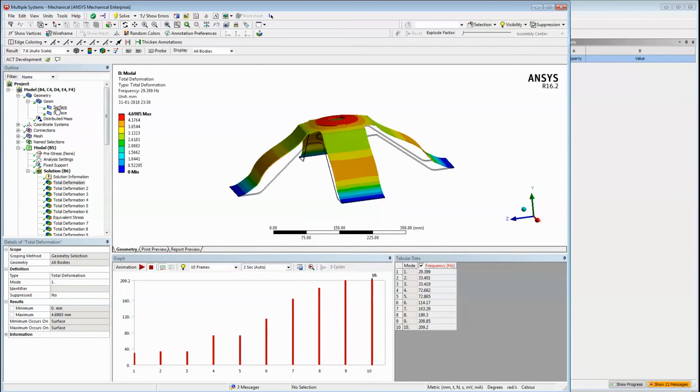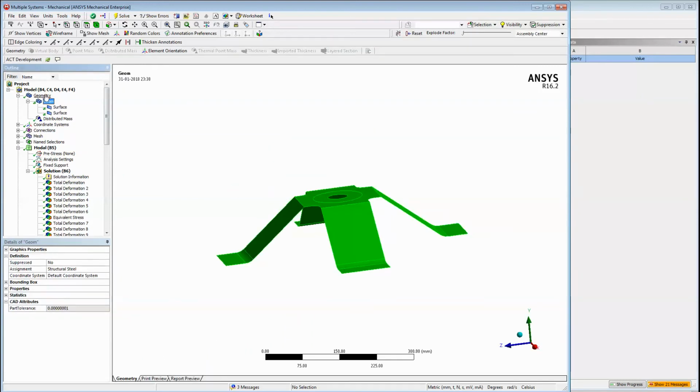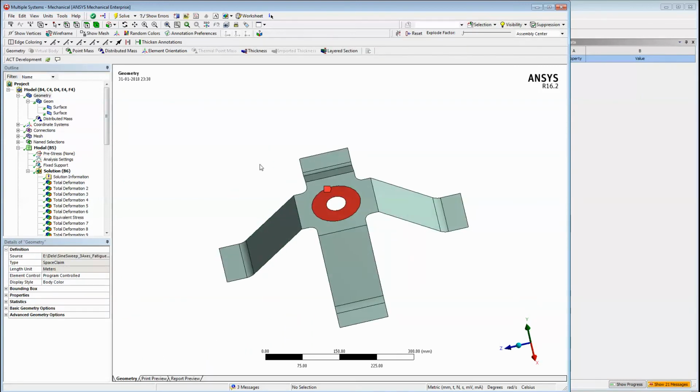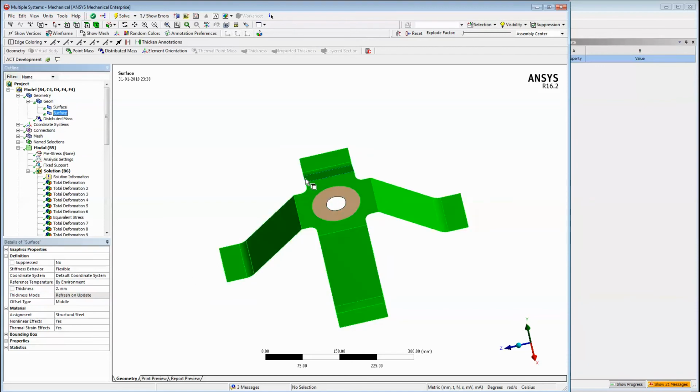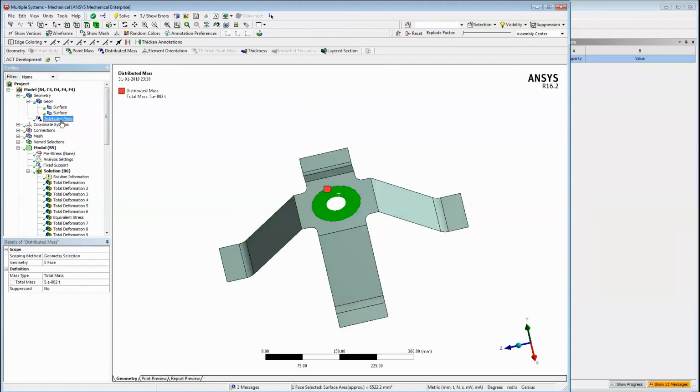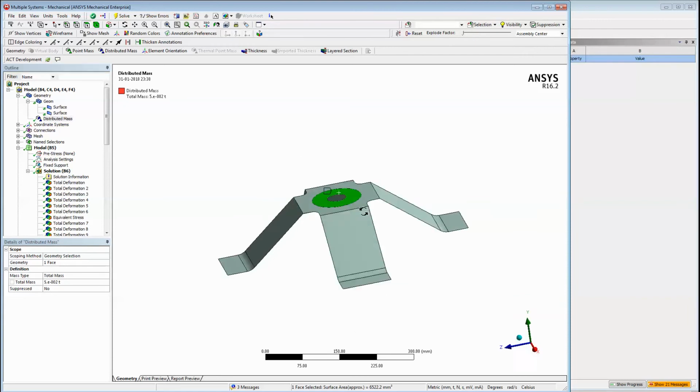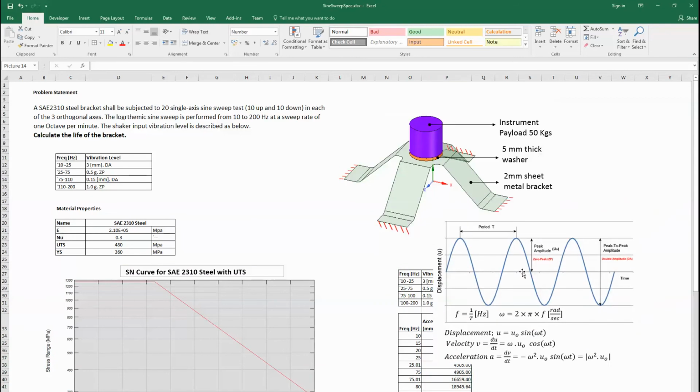Let's look at the modeling aspects of this, and here is the bracket. This is the thick washer which is of 5 mm, and the other one is the bracket which is of 2 mm. And the 50 kg payload is considered as a distributed mass here on this particular geometry. That's where the whole instrument panel is sitting on it.